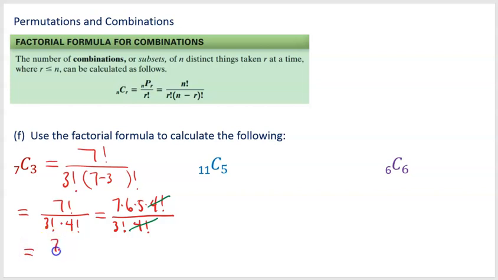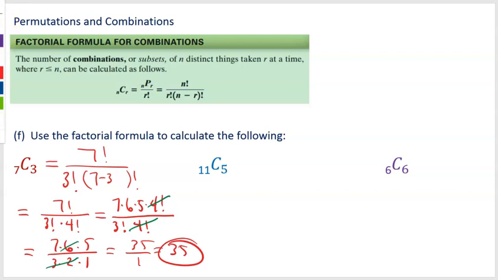Continuing on, this is 7 times 6 times 5 divided by, we know 3 factorial is 3 times 2 times 1. Now, I do see something here that you might not notice, but this 6 cancels with the 3 times 2, because both of those are 6, and then I can just do 7 times 5 is 35 divided by 1, which is 35. Didn't even need my calculator at all for that one. That was just one situation where I could do all that just in my head, and that's always nice to me.